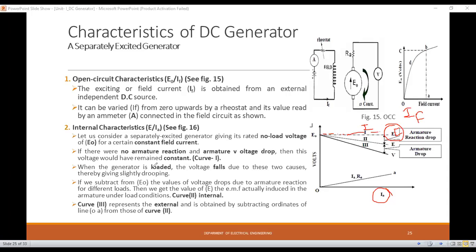Due to that armature reaction effect, the resultant flux in the air gap between the stator and rotor is reduced. That means the induced EMF is reduced due to the armature reaction drop. So due to the voltage falls and these two causes, we get a slightly dropping characteristic.